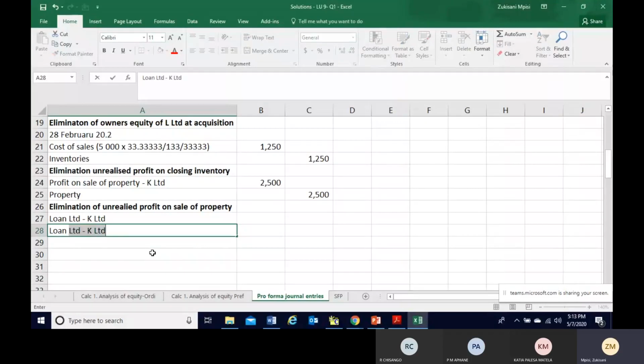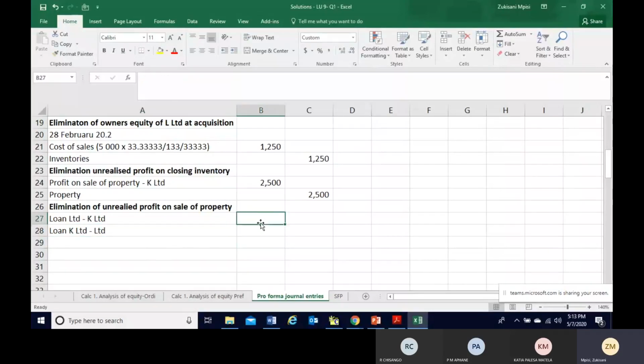We've got the loan of KLTD that is sitting with LLTD. So you need to understand this. It's the 16,000 and the 16,000. How did we get this?